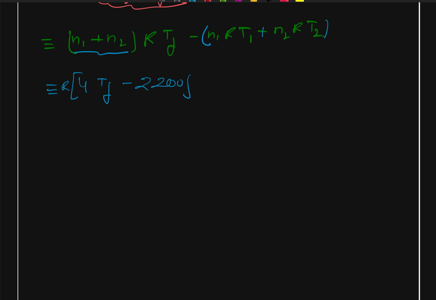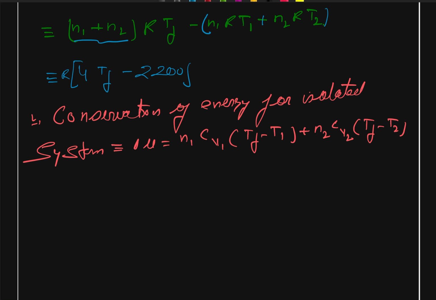We can write this delta of U will be equal to N1 CV1 times Tf minus T1 plus N2 CV2 times Tf minus T2, and we just substitute the values, and this is an isolated system.